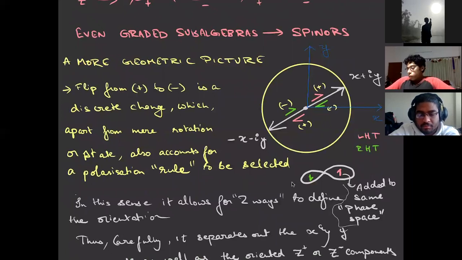So now what you see is the space slowly decomposes into two circles, with two pi of rotational space in order to get back to the same orientation.